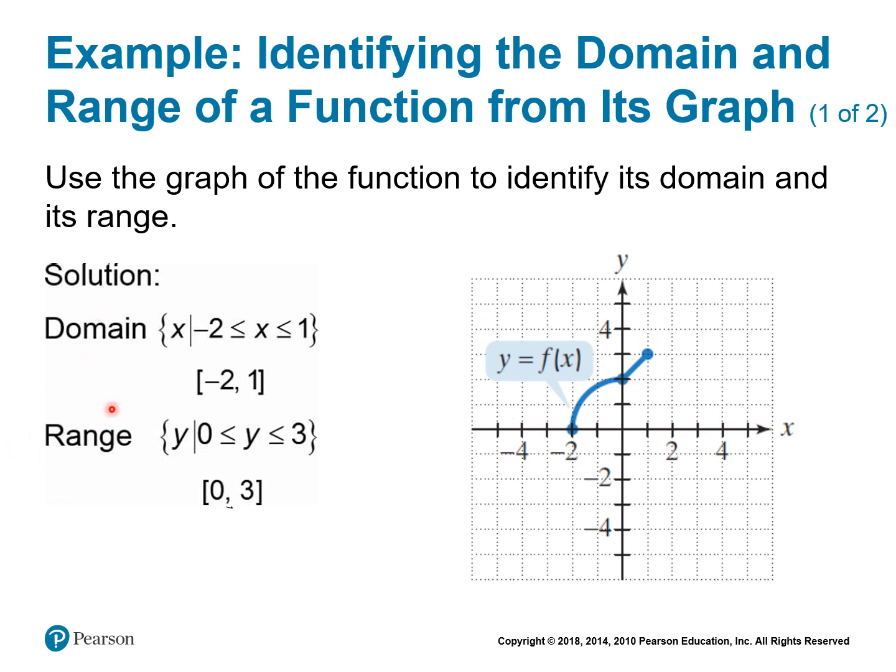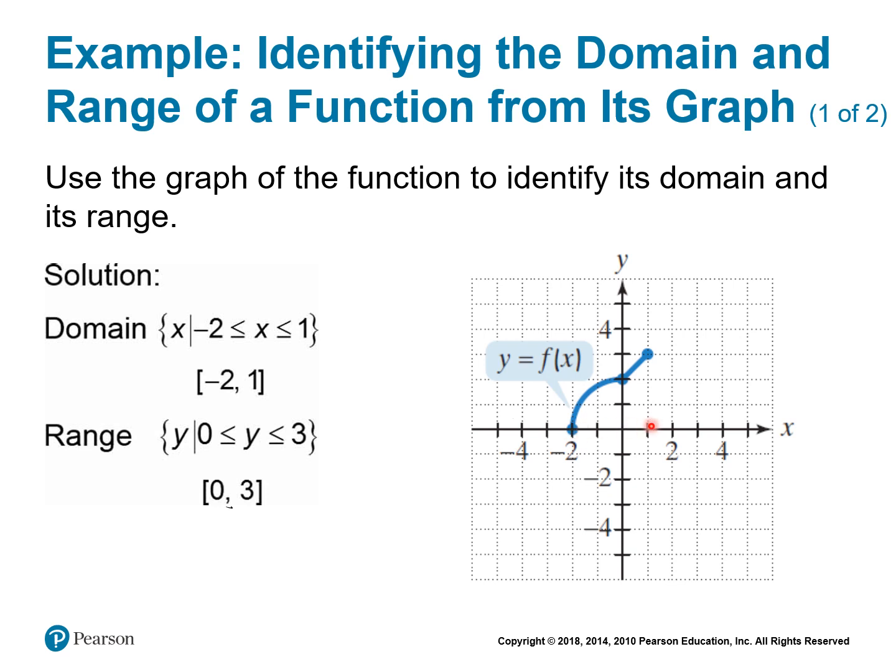To find the domain values, that's the x values, we first see what values of x the graph extends along. So on the lower end, the graph is hinged at x equals -2. It does not extend beyond x equals -2 on the left-hand side.